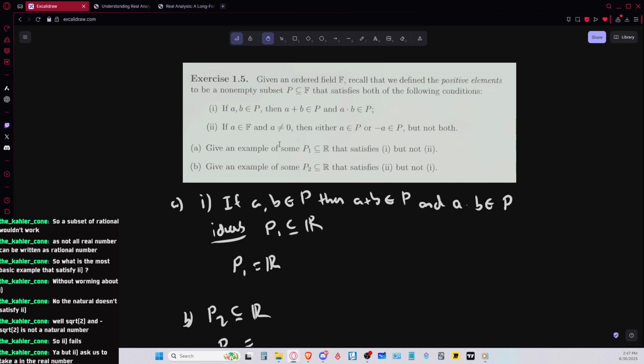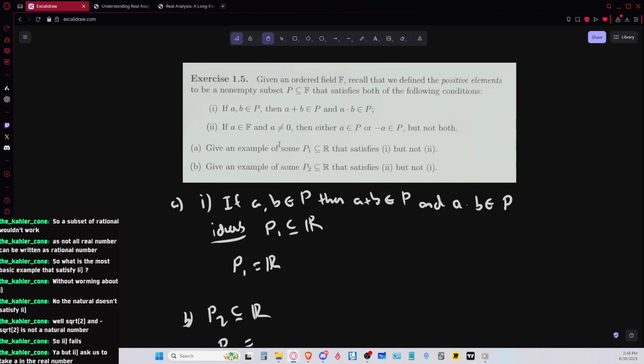That's what I got from that. Yeah, but to ask us to take a in the real numbers. Am I reading the question wrong? Because it doesn't say to assume that. It just says that P2 is a subset of the real numbers. And what I take from that is that we can use any of the smaller subsets within that as we want.